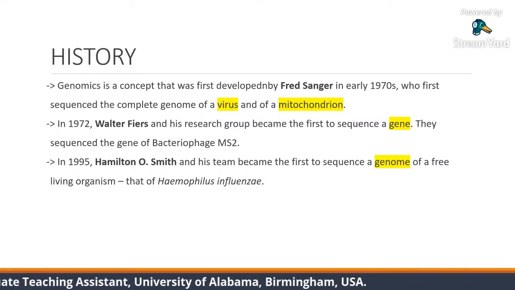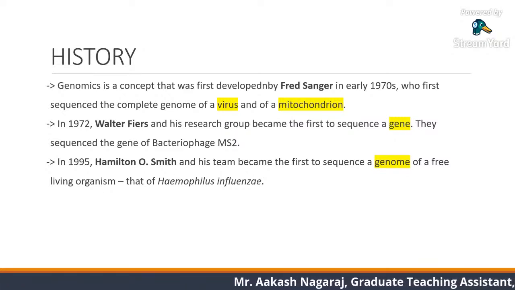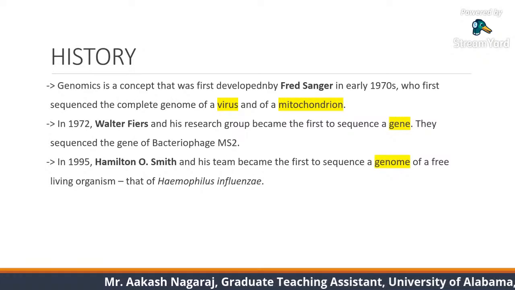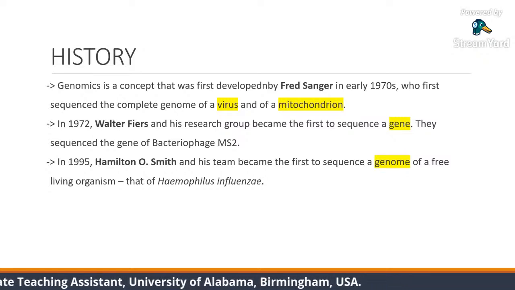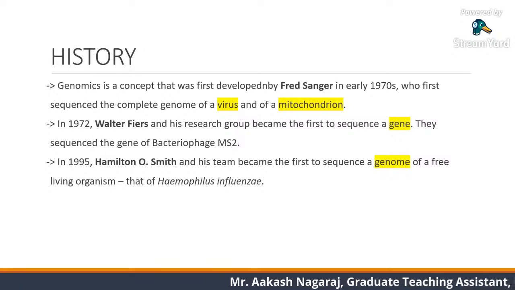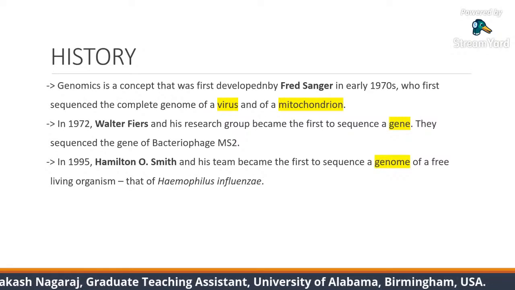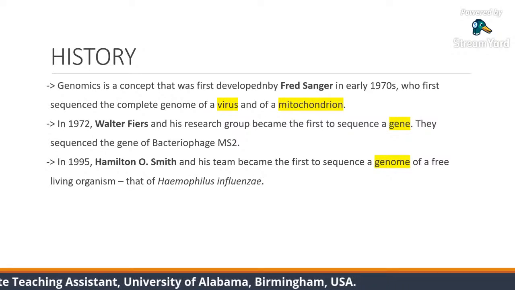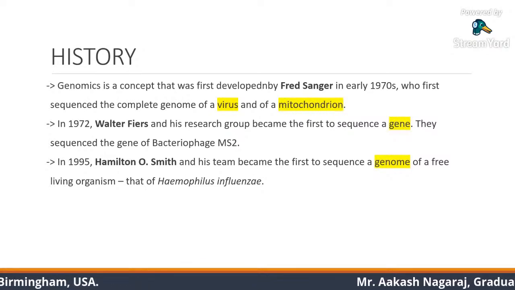And then in 1995, one more scientist, Hamilton O. Smith, and his team were the first to sequence the genome of a free living organism, Haemophilus influenzae. So by 1995, the first genome of an organism was sequenced, and during that time, the Human Genome Project was already running. I will talk about that in the next slides.